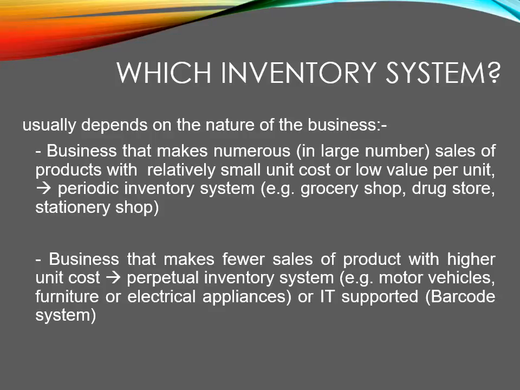For example, nowadays we have barcode or QR systems attached to each item of the product, so you can just scan them and the computer will read which item is moved in or out of your store or the warehouse. So the business can adopt the perpetual inventory system. However, in Malaysia, most companies adopt the periodic rather than perpetual system.